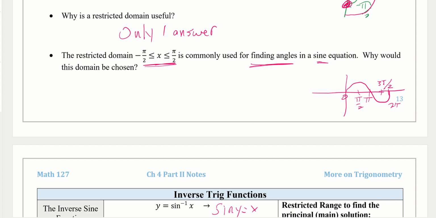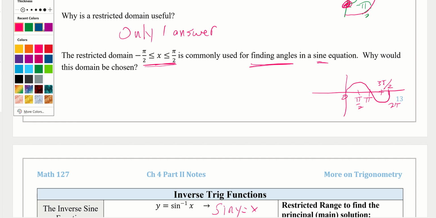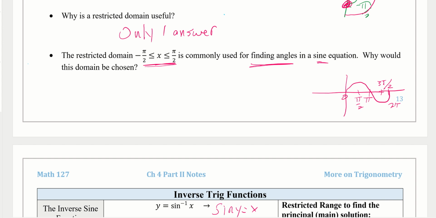The reason I want to draw this restriction is because I want all the values for sine represented without having to jump. I want it to be continuous. I'll do it in a different color, let's do this nice blue. These are all the positive values of sine. Well, all of those values are repeated right there. If I keep following along my curve, they just all get repeated.